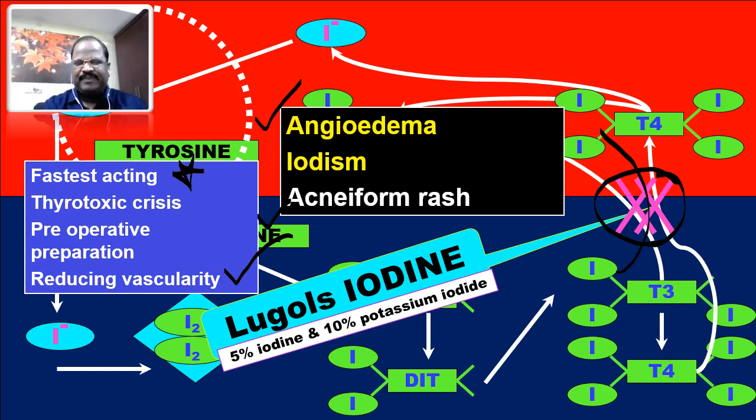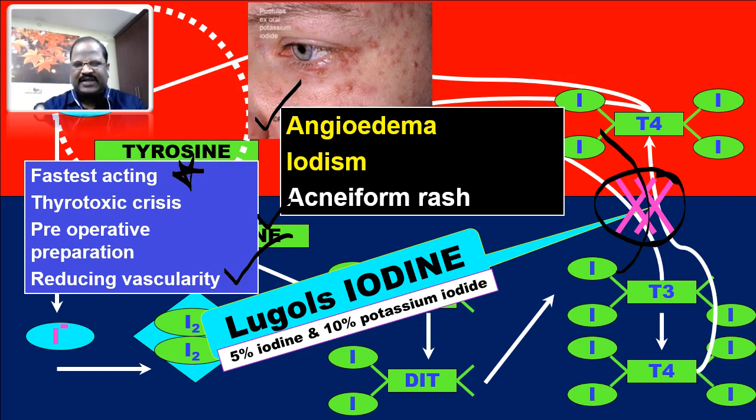In iodism, the patient has too much lacrimation, salivation, rhinorrhea, sometimes breathing difficulty and headache; all are important symptoms of iodism. Repeating the important adverse effects of Lugol's iodine: angioedema, sometimes exacerbation of acneiform skin rashes, and also risk of iodism characterized by headache, rhinorrhea, salivation, and sweating.